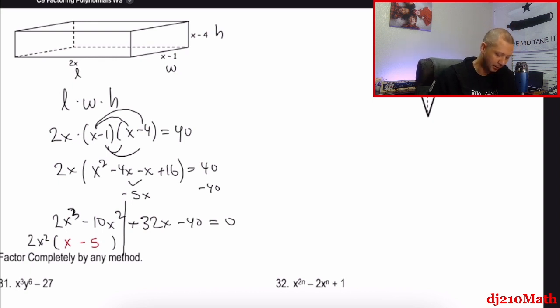Check ourselves. 2 times negative 5 is negative 10. Yeah, so we're good. Right-hand side, I know x minus 5 needs to show up. And this is positive, so I'm factoring out a positive number. And it's going to be 32.